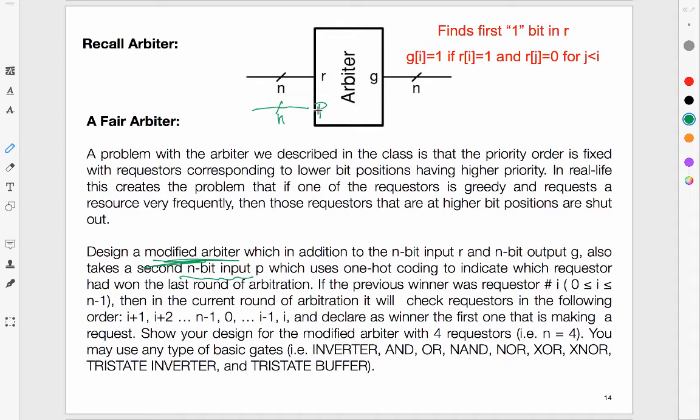So P is again one-hot coded. If P4 is high, that means last time around the winner was number 4. If P0 is high, that means last time the 0th one was the winner, and so on.